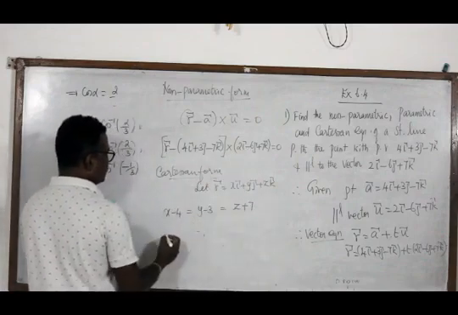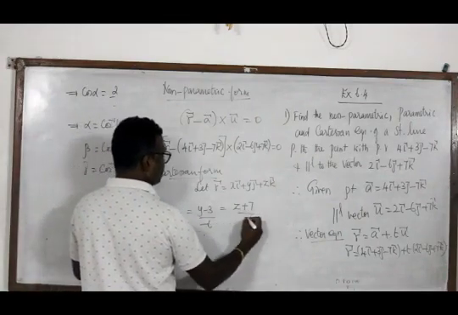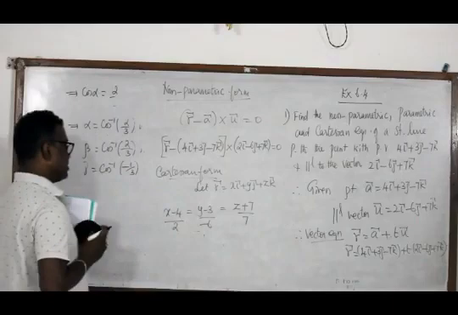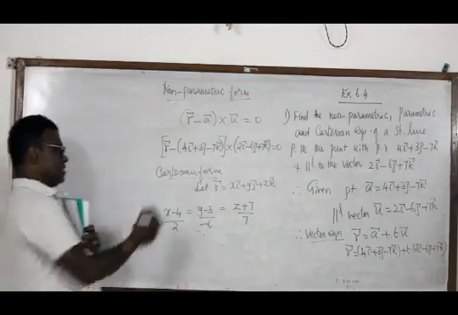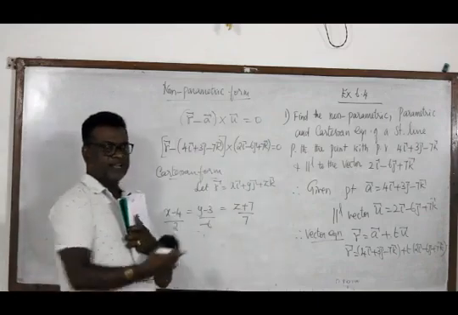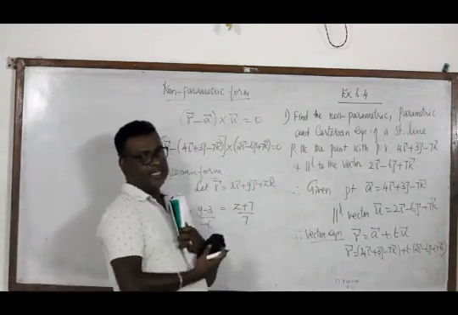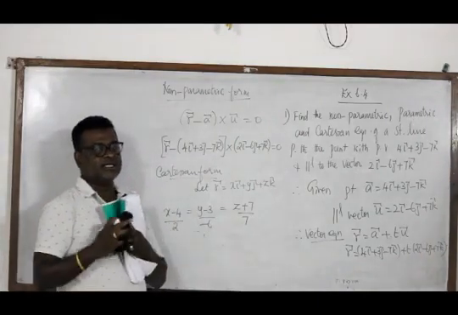These numbers will come to the denominator: by 2, by minus 6, by 7. This is the Cartesian form. So we found the parametric, non-parametric and also Cartesian equation. Parametric and non-parametric are both vector equations. Only x, y, z is involved in this, therefore it is called the Cartesian form.